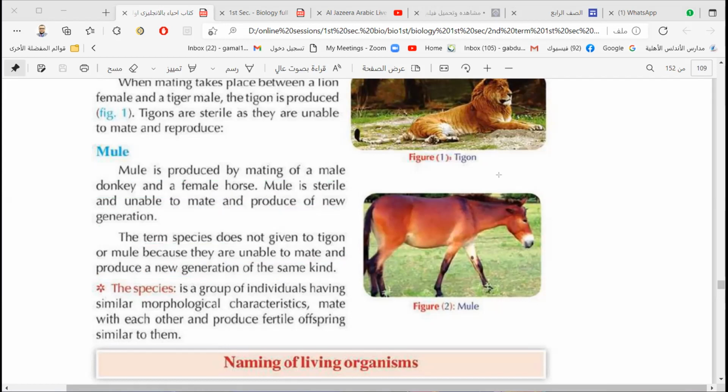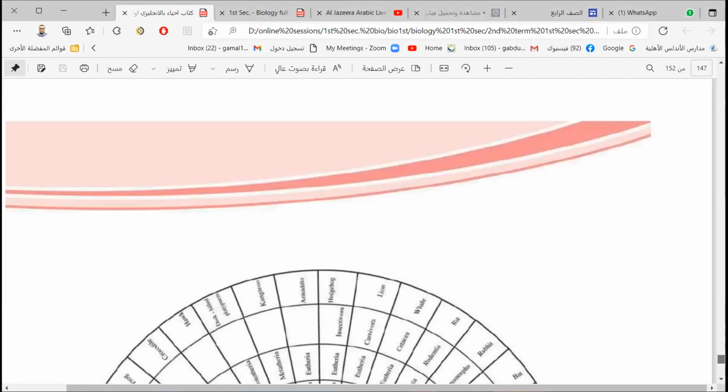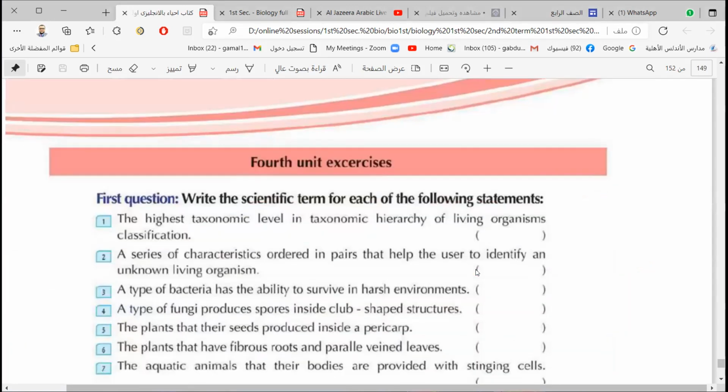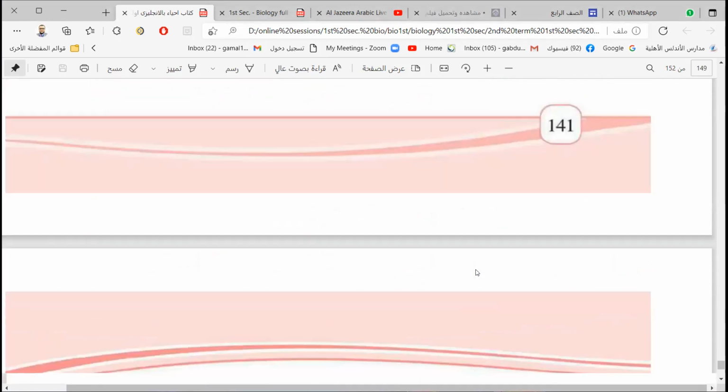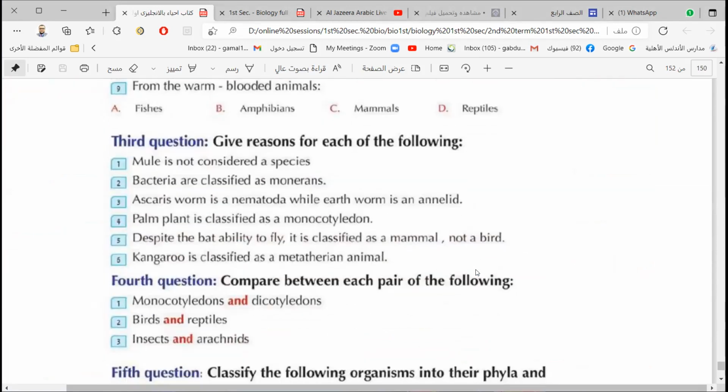Okay, go back to the exercise. Give reason number 2. Bacteria are classified as monera. Why are bacteria found in kingdom Monera?